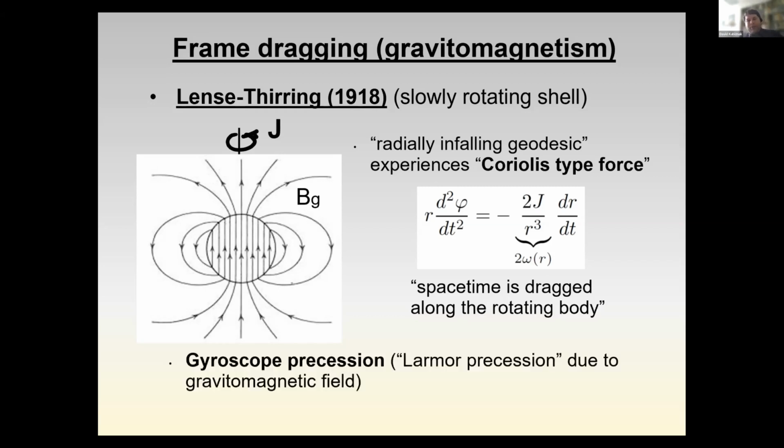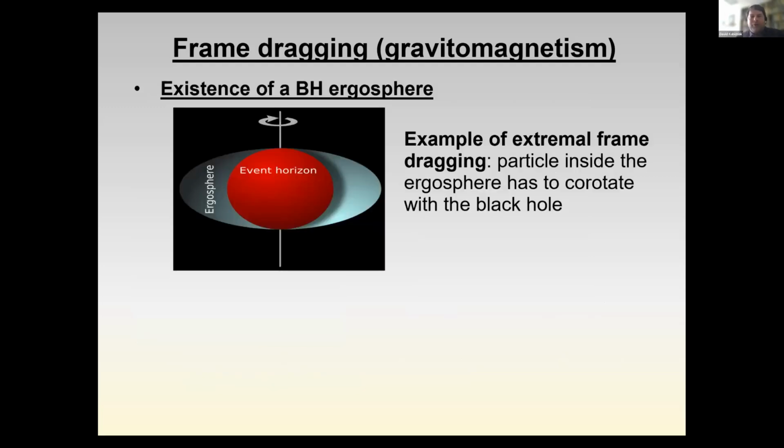Similarly, if you place a gyroscope around this gravitomagnetic field, the gyroscope will precess around these magnetic field lines. And this is nothing else than what we know from electromagnetism as Larmor precession, if you have a magnetic moment precessing around the magnetic field. Of course, everybody is more familiar with the extremal example of frame dragging, which happens around the full solution of general relativity, the Kerr black hole.